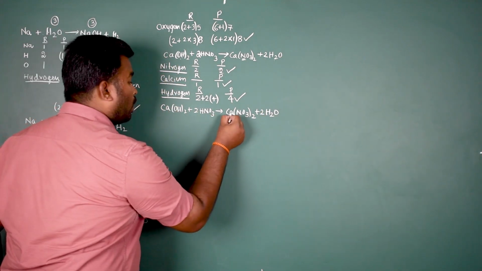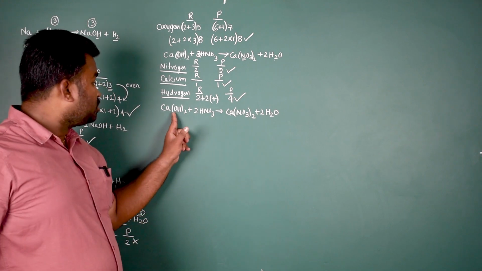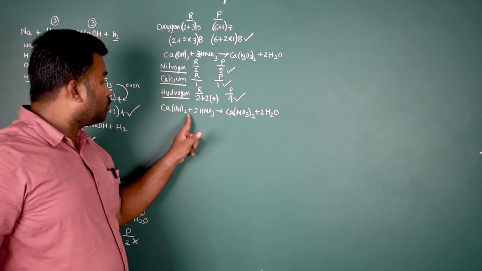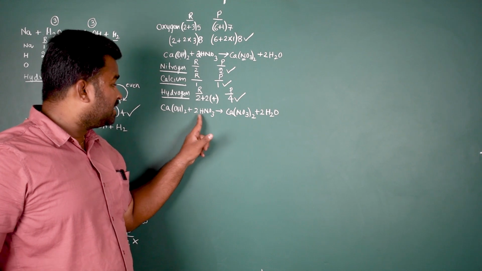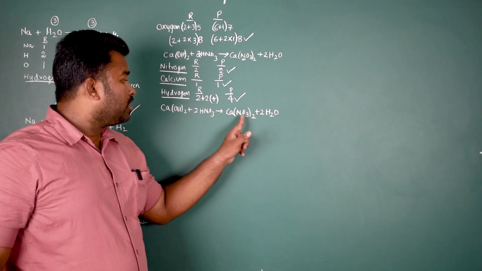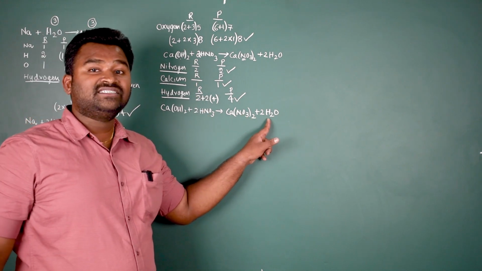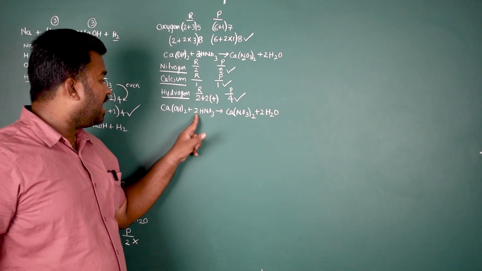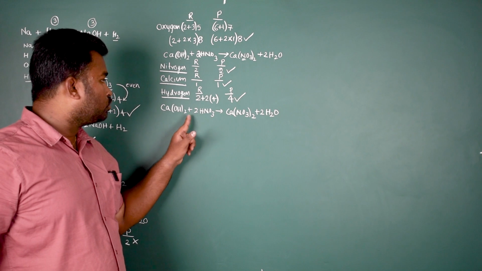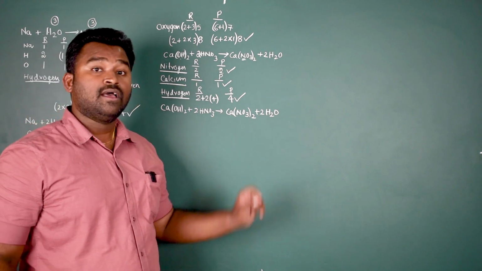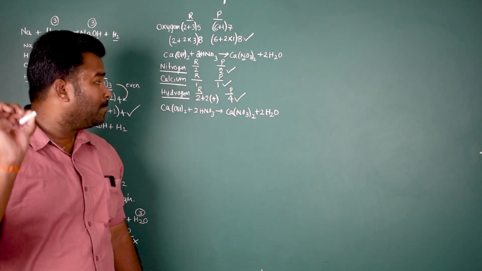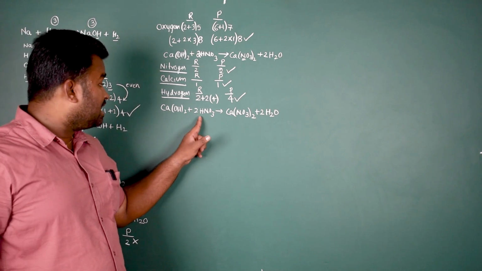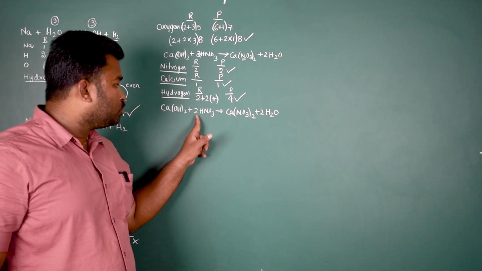1 calcium, 1 calcium. Oxygens: 1 into 2 is 2, 2 plus 2 into 3 is 6, that is total 8. Here also 3 2s are 6 plus 2, that is 8 oxygens. Hydrogens are 1 into 2, 2 hydrogens, again 2 into 1, 2 hydrogens, 2 plus 2 total 4 hydrogens. Here also 2 2s are 4 hydrogens. Hydrogens are balanced. And then finally nitrogen. 2 into 1, 2 nitrogens.